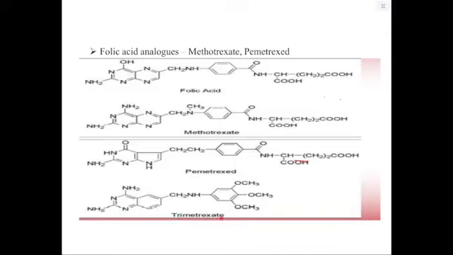Now, if you look at trimetrexate, that's an amino group making the molecule more basic. That portion there is the same. But look at this group here.